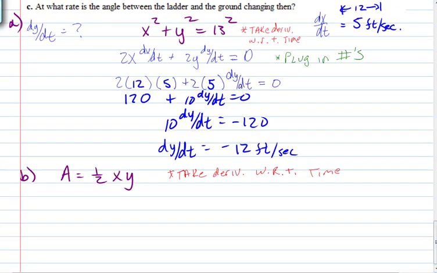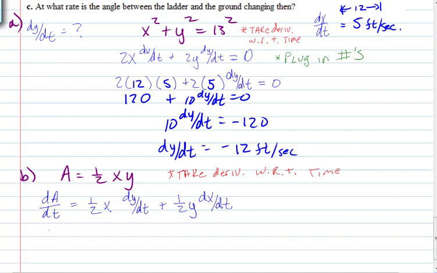Not a big deal. dA/dt is equal to 1/2, the first times the derivative of the second, plus the second times the derivative of the first. Right? Well, when I take the derivative of x, I get the 1/2. I knew that, so I just stuck it in front.